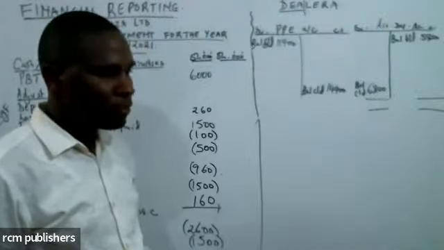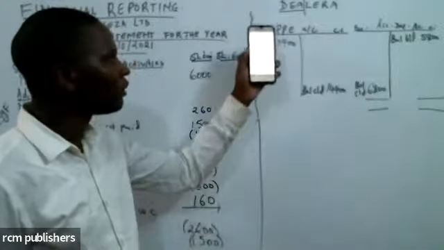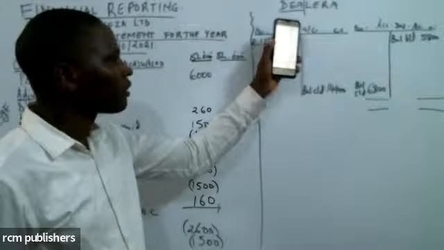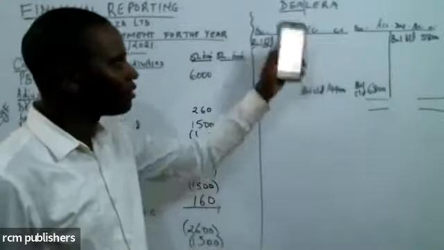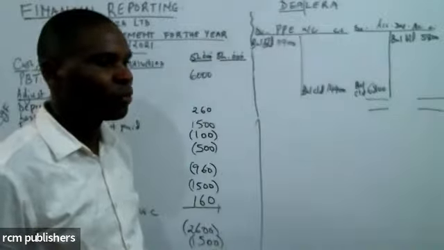So equipment, remember PPE, property, plant, and equipment. So equipment is part of this. So the equipment with cost 1,700 was sold.